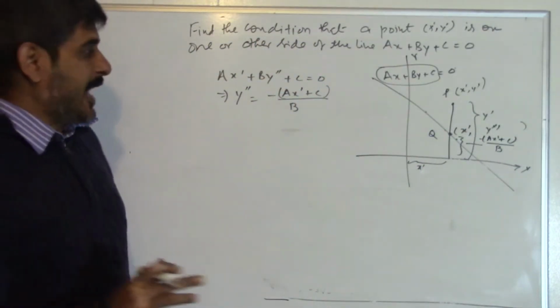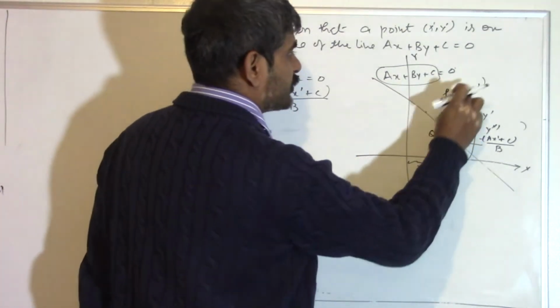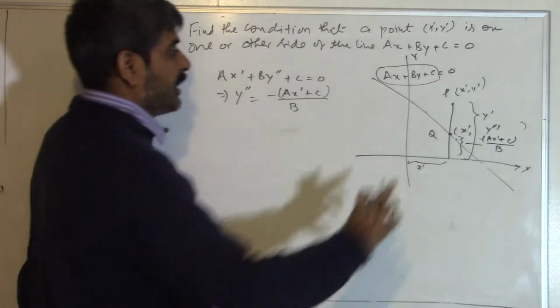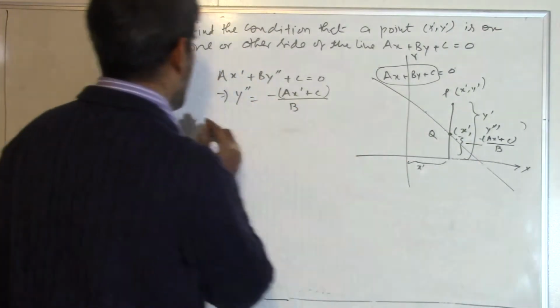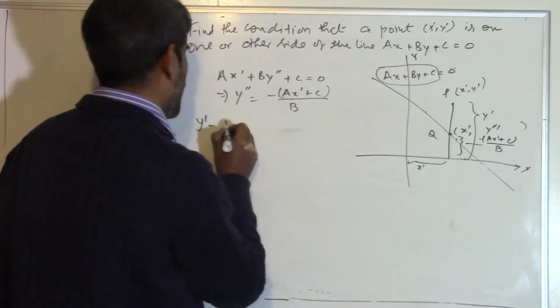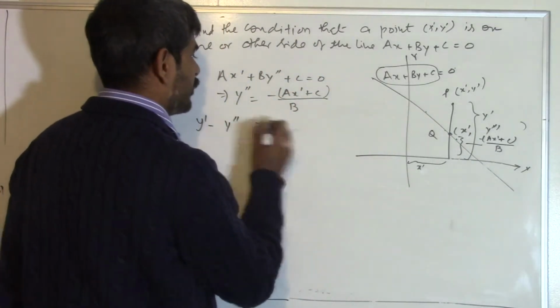So two things can happen. If this point y dash is on this side of this line, then this length will be bigger, which is y dash, and this length will be smaller, call it y double dash, so y dash minus y double dash must be greater than or equal to 0.